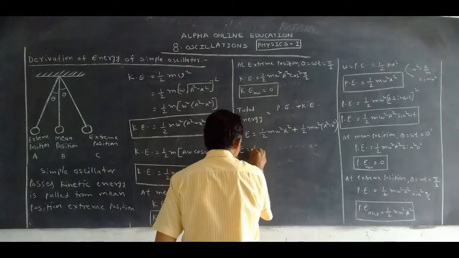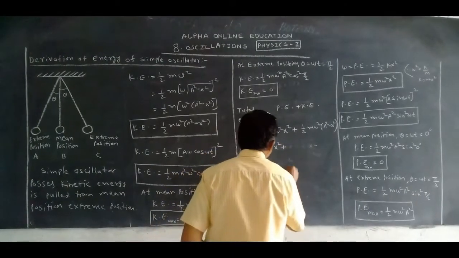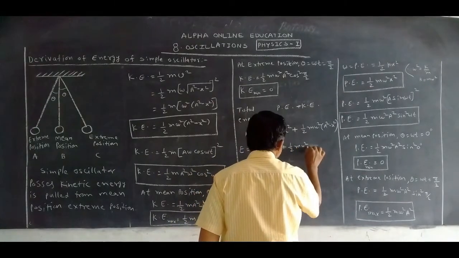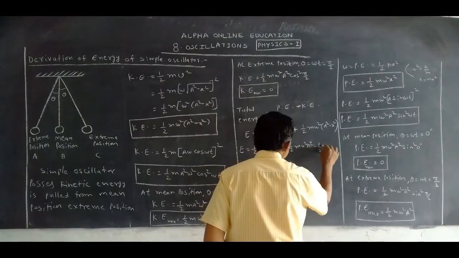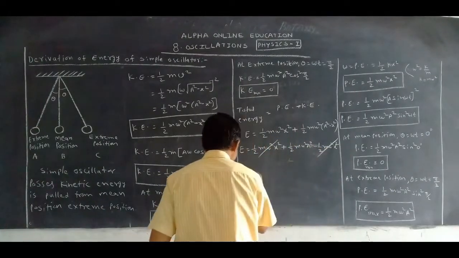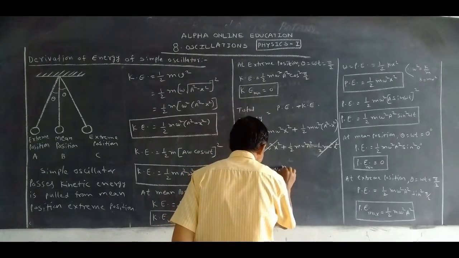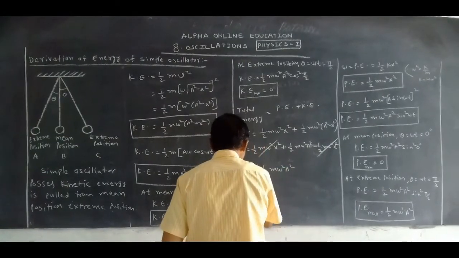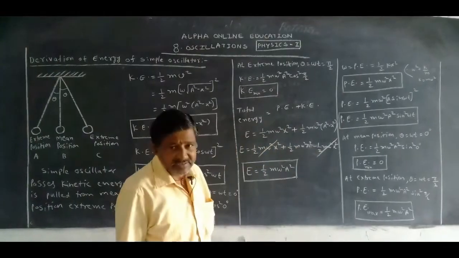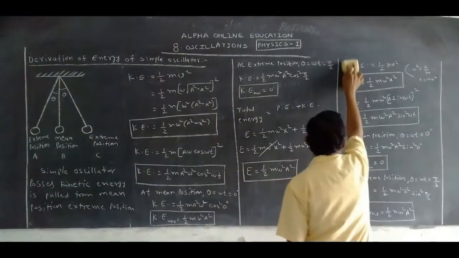E is equal to half m omega square x square plus half m omega square a square minus half m omega square x square. Both are cancelled. E is equal to half m omega square a square. This is the total energy of the simple oscillator.